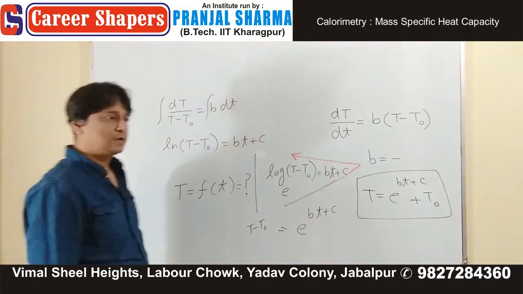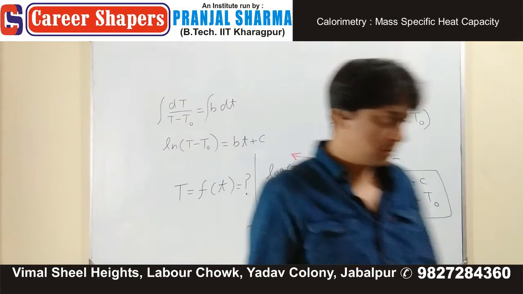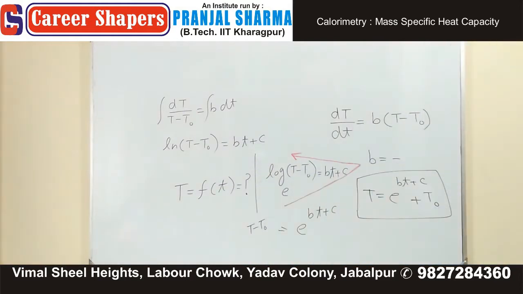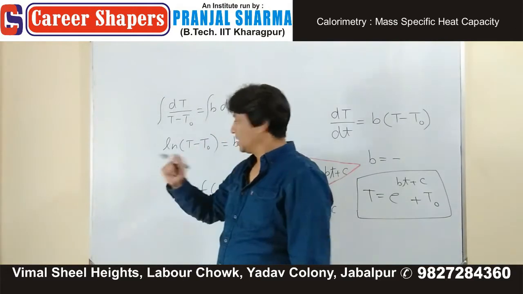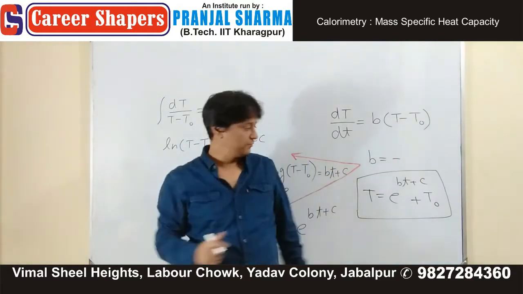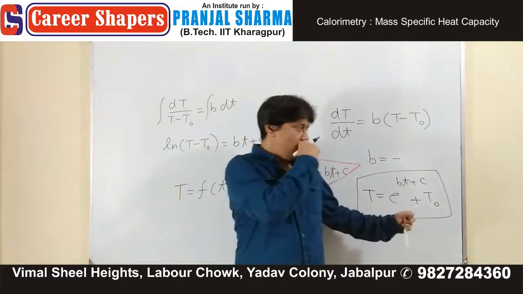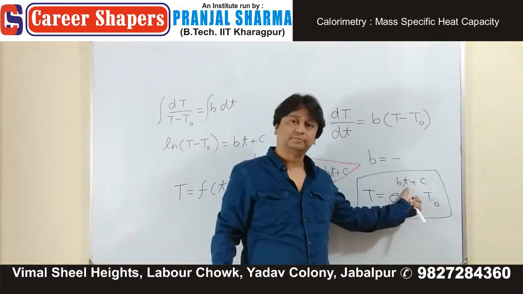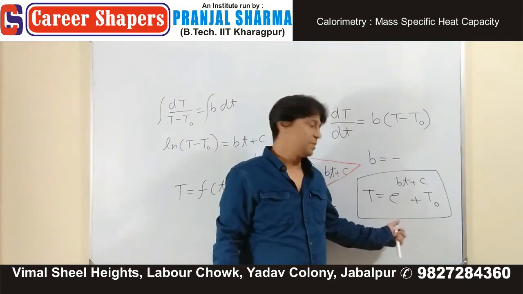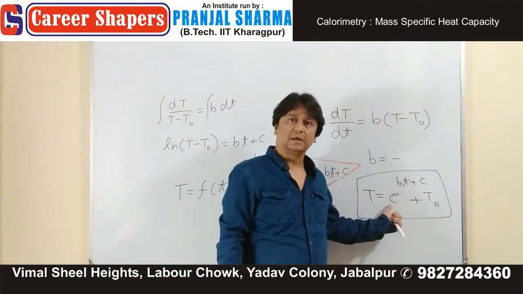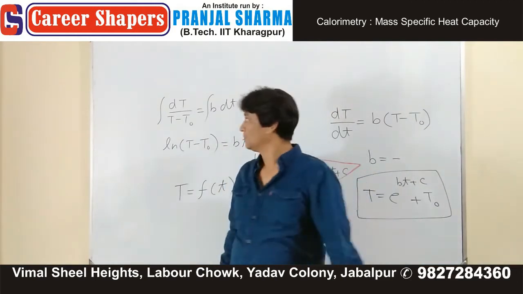Now, well, good. One of you says yes. Good. If I ask you to plot a graph of T and this t, then how do we draw a graph where e type of thing is involved?